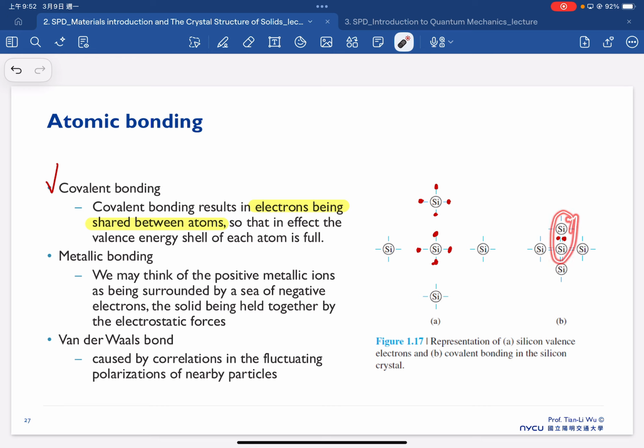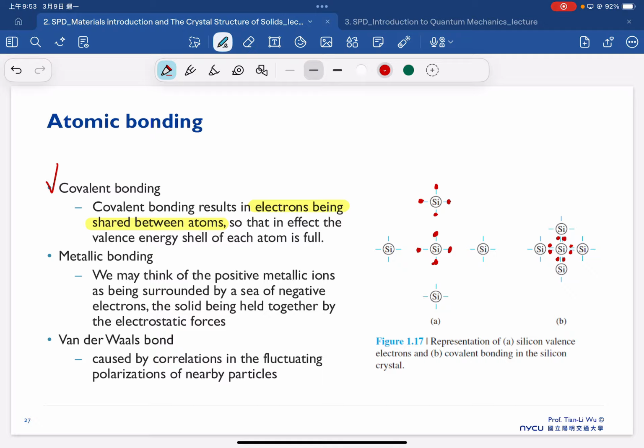That is how we form this kind of bonding, and this bonding is what we call covalent bonding. So we can foresee how a silicon atom can be bonded with another silicon inside the crystal, because they share the electrons together, creating this covalent bonding. That is very often seen in the silicon crystal.